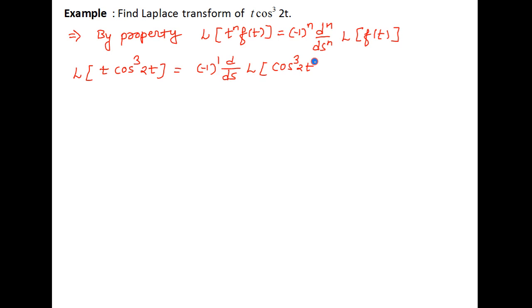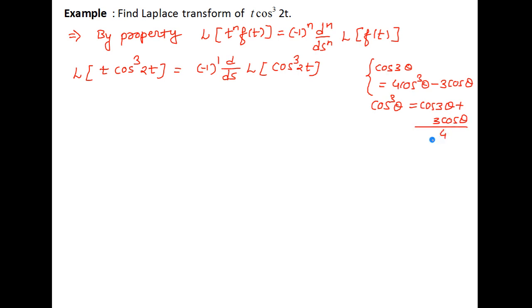Okay, now here we cannot find the Laplace for this cubic term, so we have to convert this by using the formula cos 3 theta is equal to 4 cos cube theta minus 3 cos theta. So here it will be cos cube theta is equal to cos 3 theta plus 3 cos theta, and the whole term will be divided by 4.